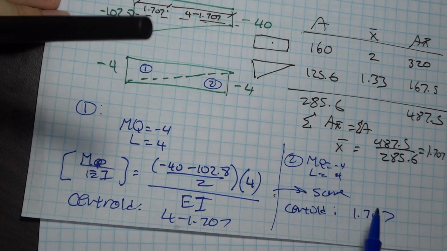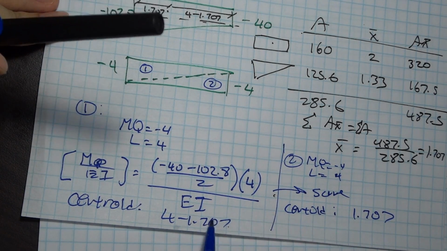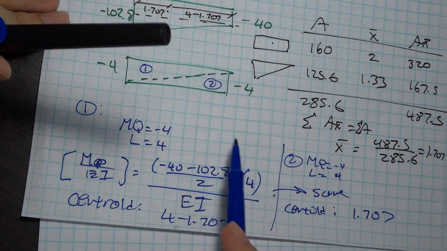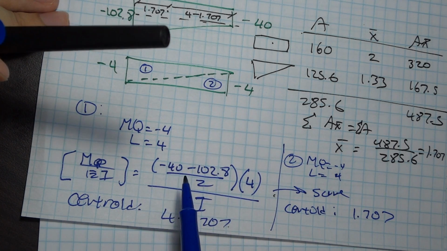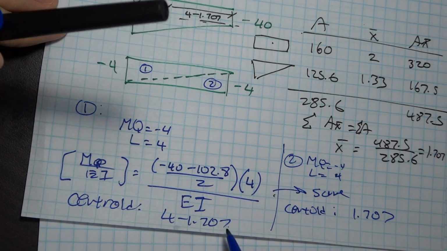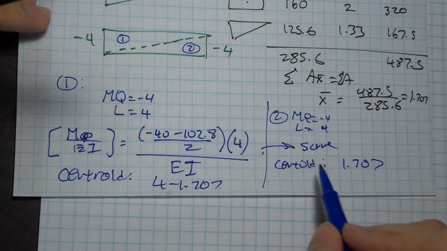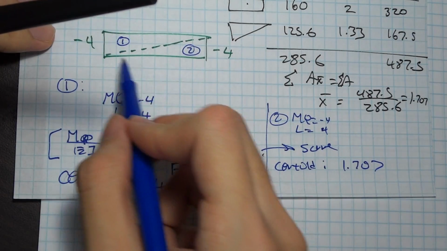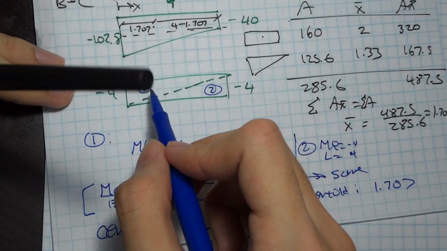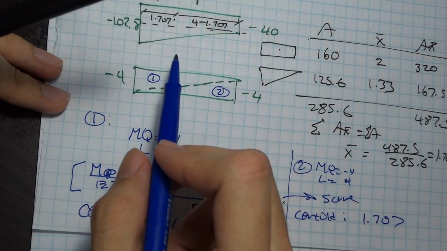Now you might have noticed, well, these two things are the same. So if I subtract 1.707 times all of this, and I add 1.707 times all of this, then these two things should just cancel out. So for this whole region, whenever you have a rectangle here, you don't have to worry about the centroid.